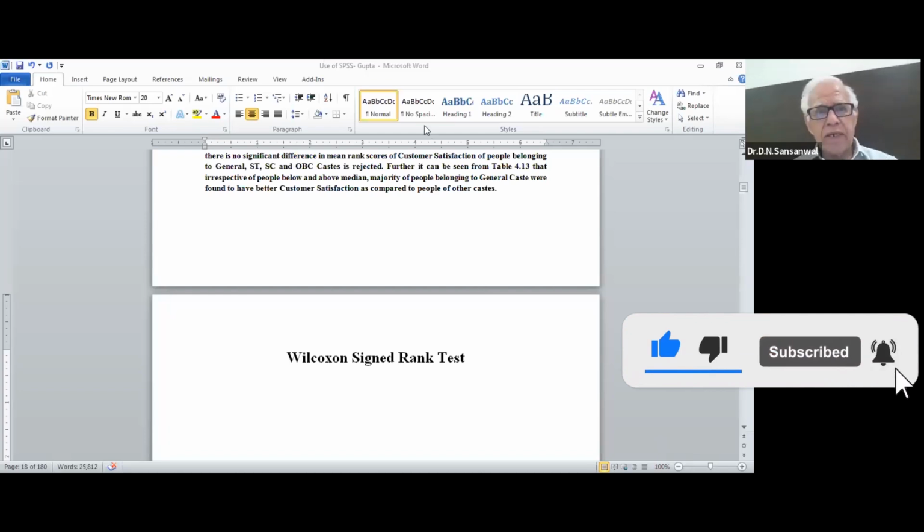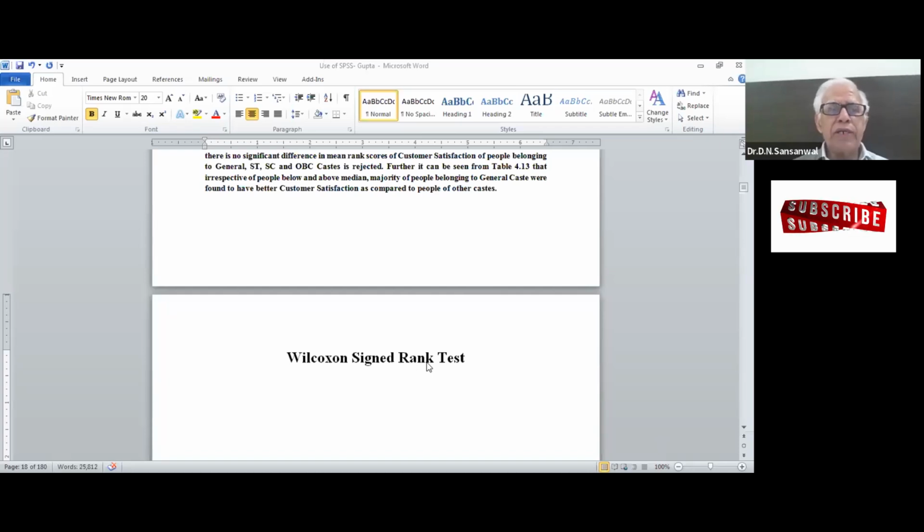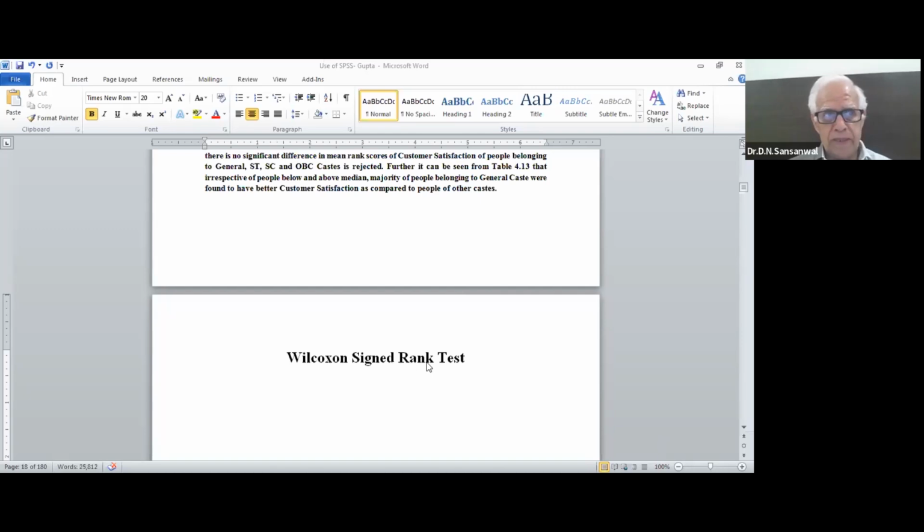Today I'm going to take another non-parametric statistic, and that is the Wilcoxon signed rank test. The moment the word rank comes, it means your data must be on the ordinal scale.